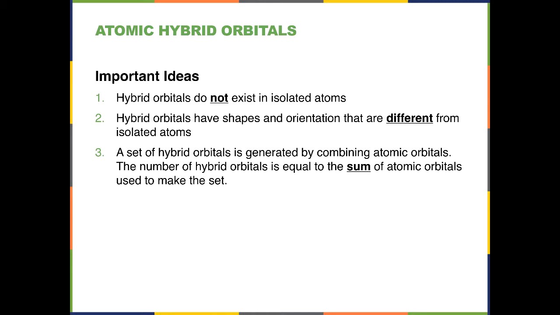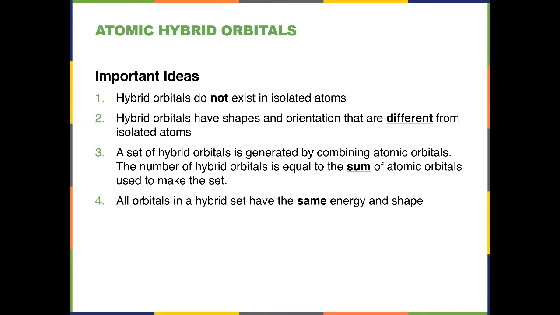So the number of orbitals is equal to the sum of the atomic orbitals used to make the set. If you use 1 p and 1 s, you have 2 sp orbitals. If you use 2 p's and 1 s, you have 3 sp2 orbitals. And if you use 1 s and 3 p's, you have 4 sp3 orbitals.